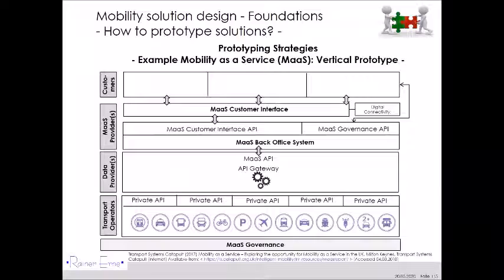So this gateway collects, analyzes, aggregates all the data from the transport providers, which also have application programming interfaces, and transports them to the back office system of a MaaS provider. And on the basis of everything is the MaaS governance system.